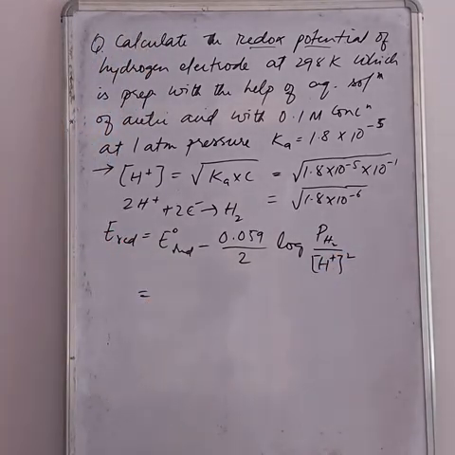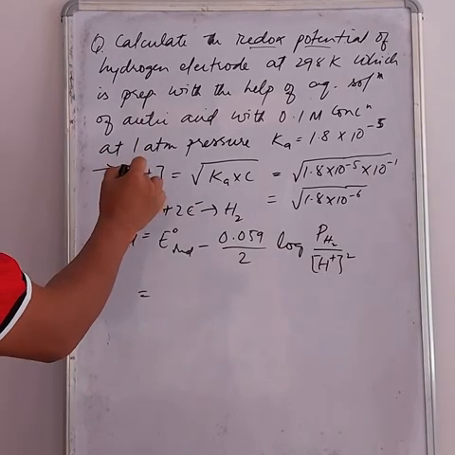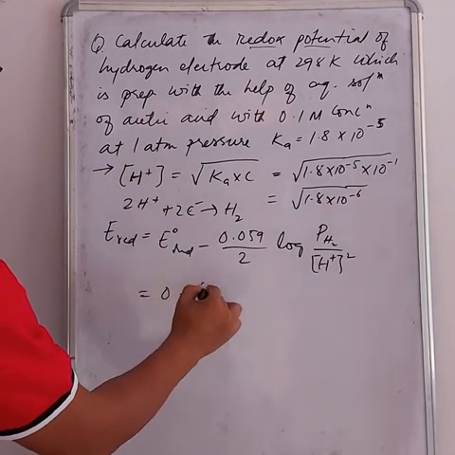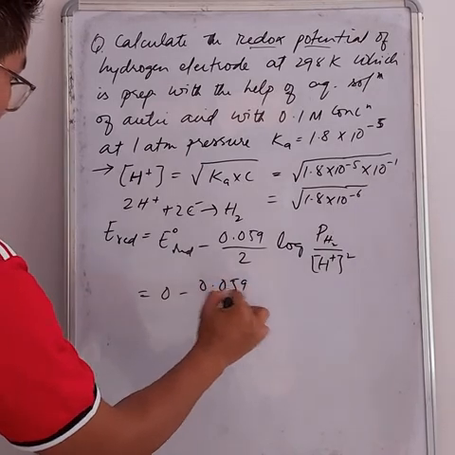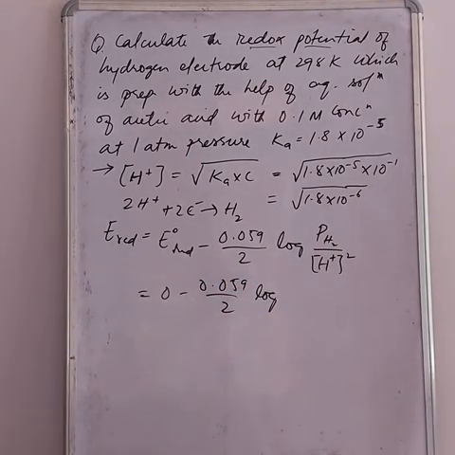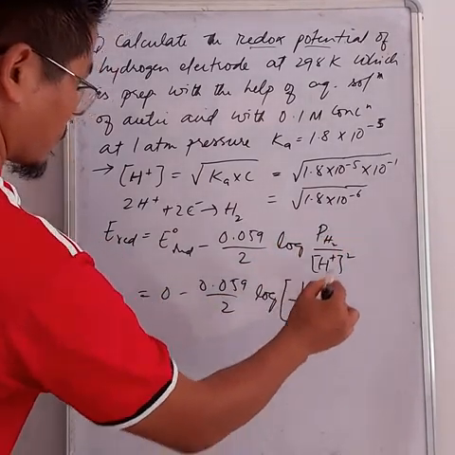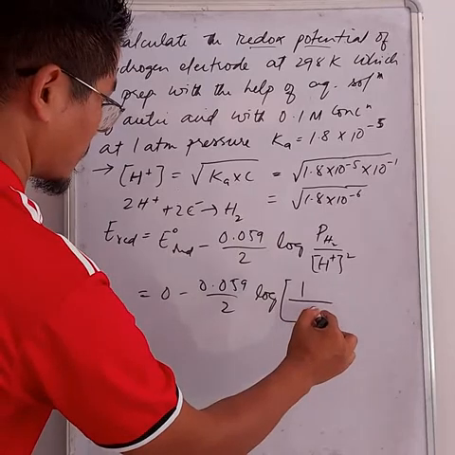So the standard reduction potential of hydrogen electrode is 0, so 0 minus 0.0592 over 2 log of, the pressure is given as 1 atmosphere, and this we have calculated.